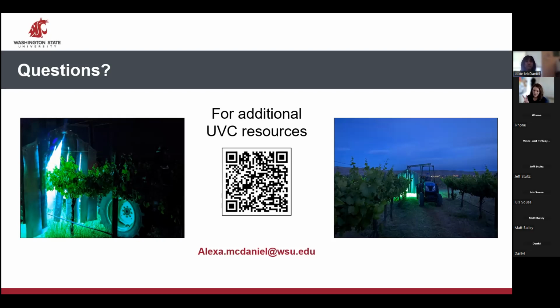We have 2 more questions in the chat, and then we can turn on mics if anyone else has any last questions. Was there a metric for canopy management, like leaves per meter squared or anything like that? I did not go out and get that information. I took shadow ratings for that.